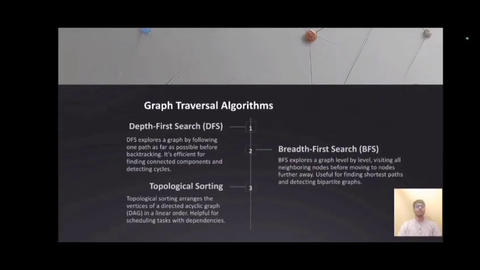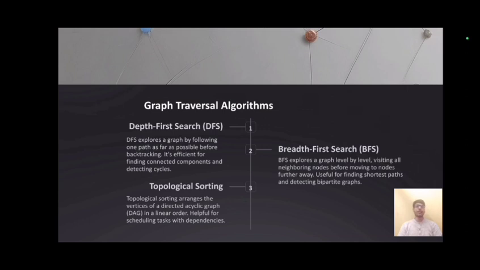Graph traversal algorithms. There are three methods in the following graph traversal algorithms. DFS, depth first search. DFS explores a graph by following one path as far as possible before backtracking. It's efficient for finding connected components and detecting cycles. Secondly, BFS, breadth first search.